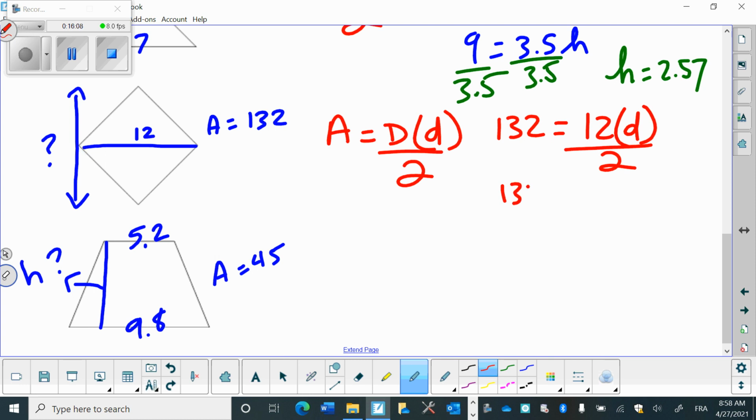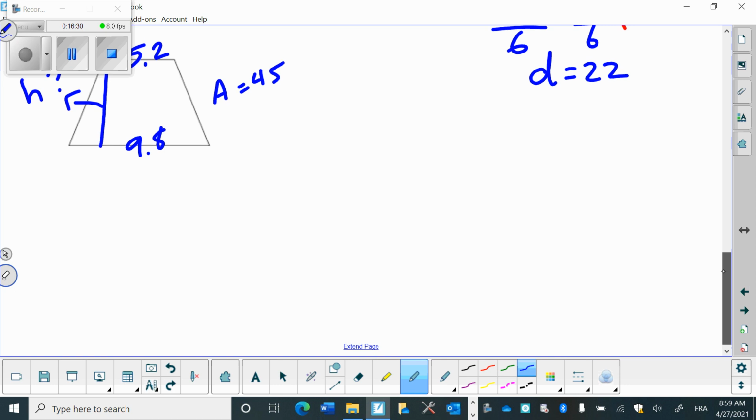So 132, I can get rid of the 2 and the 12 right away. 6 diagonal. And my last step, divide each side by 6. So I get 132 divided by 6. I get exactly diagonal is equal to 22 in that case.